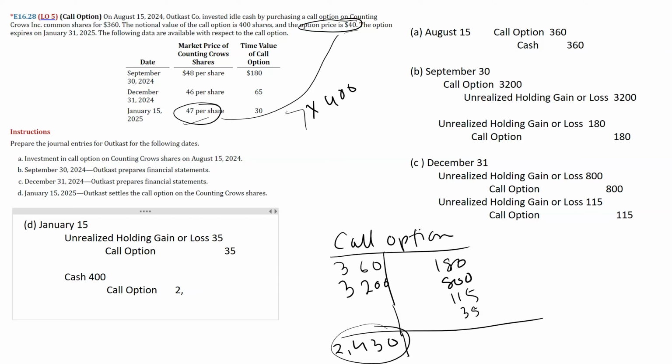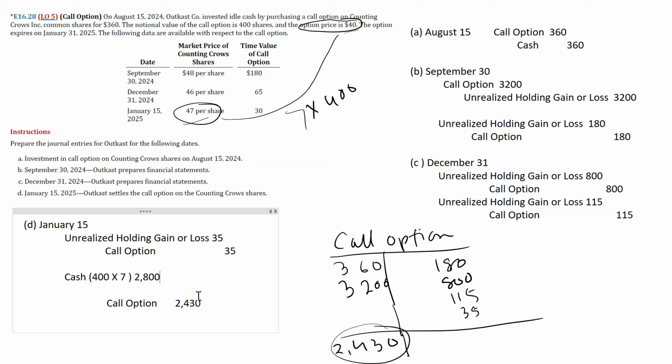Again, you could break it into two journal entries, like we saw on the PowerPoint slides, or you can just combine it. So the difference will be recorded as gain on settlement of call options. Sorry, here we have 400 times 7, so we are receiving cash of 2,800, and we are removing call options of 2,430.